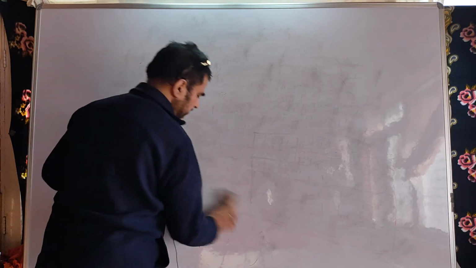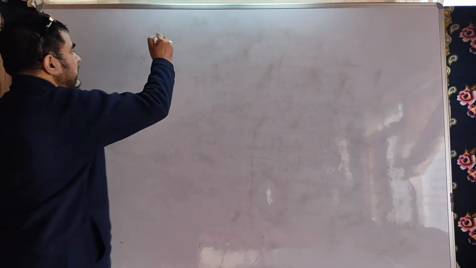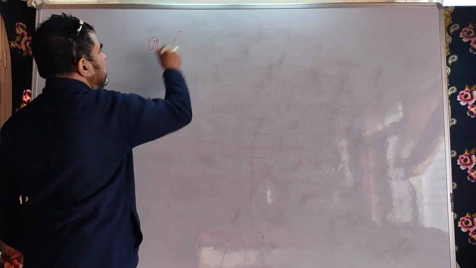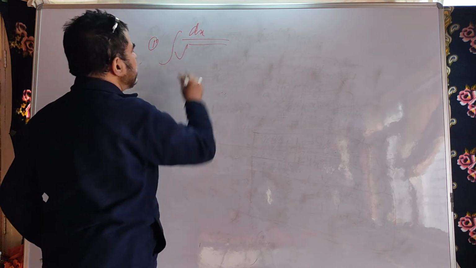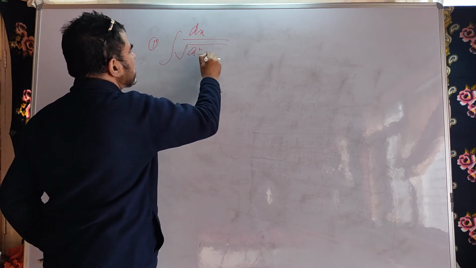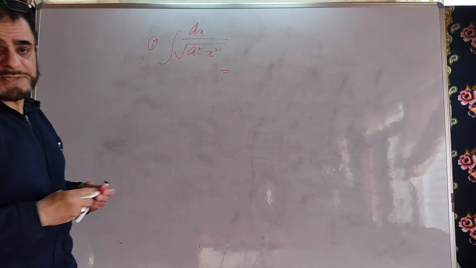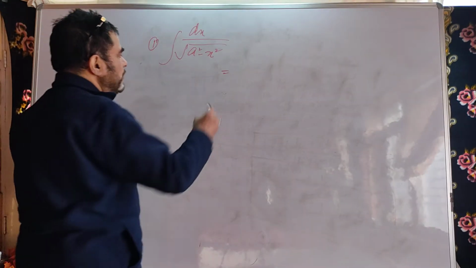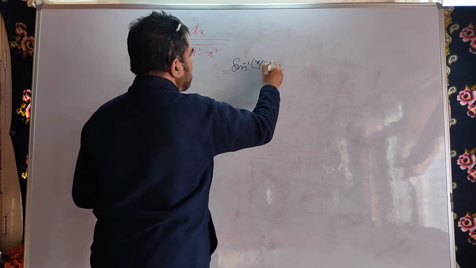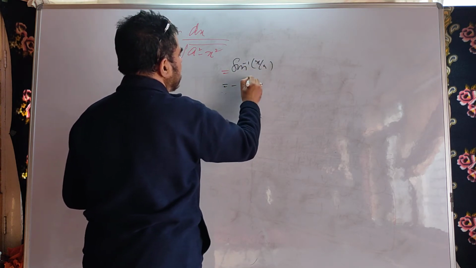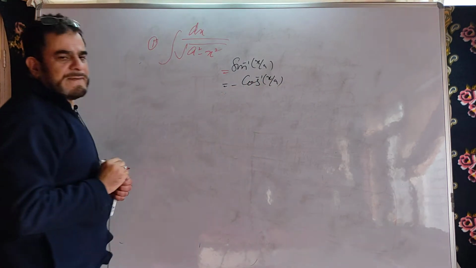Now we will deal with another three results. Suppose you have the results in root. You have integral of dx by under root of a square minus x square. You did it. What is this? You write it simply as sine inverse x by a, or this is minus cos inverse x by a. Clear?